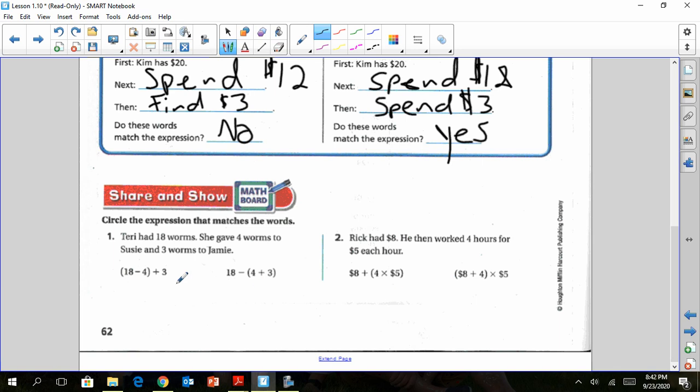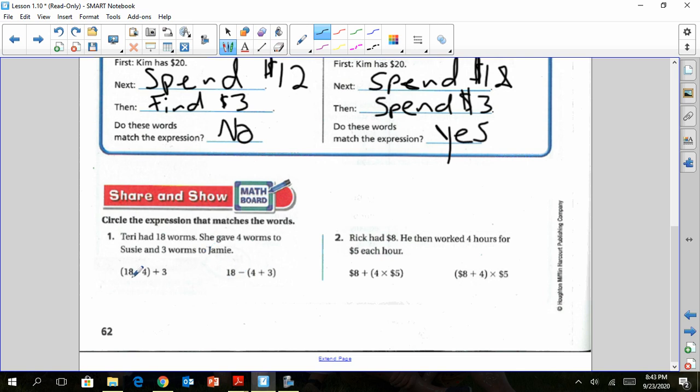Let's try it again down here on the share and show. Terry has 18 worms. She gave away 4 worms to Susie and 3 worms to Jamie. So what did we start with? We started with 18 worms. Okay, so that's why 18 goes first. What happened? Well, she gave 4 away, and then she gave 3 more away. So I want you to think, how many did she give away? When you give away, you should have subtraction.